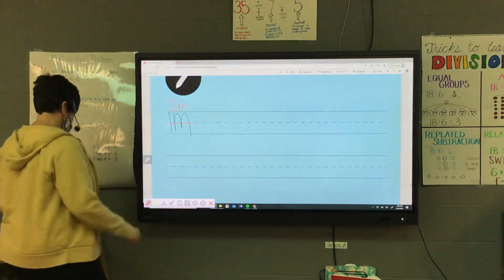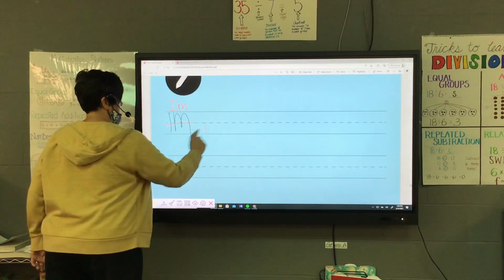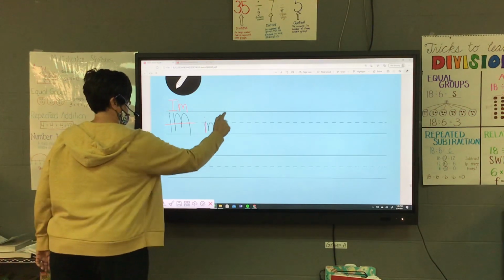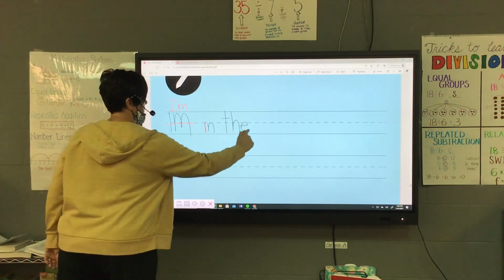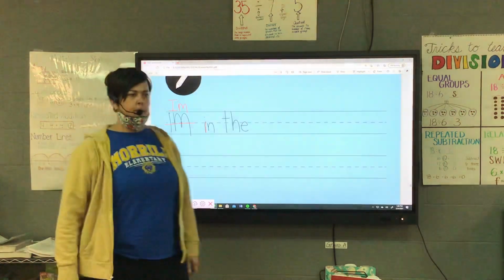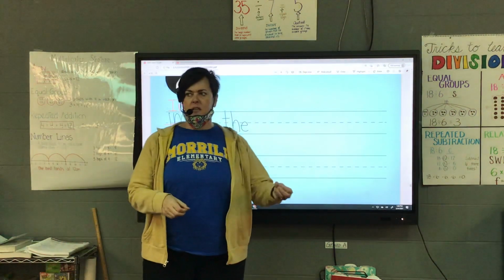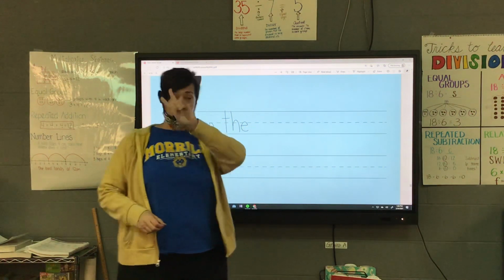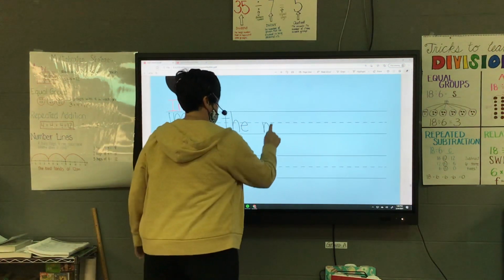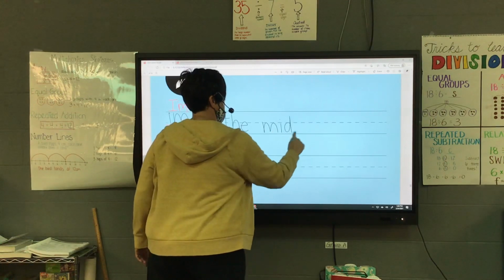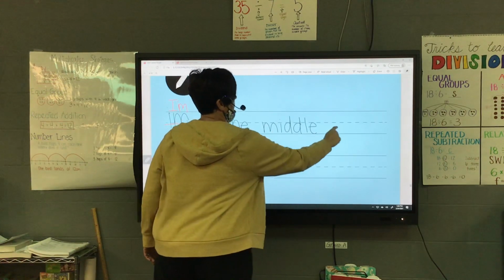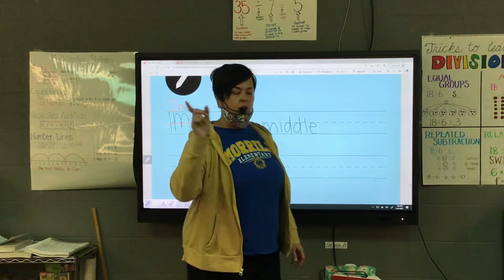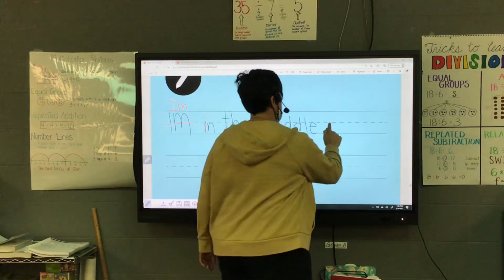So I'm in the middle. Middle. Does it have one D or two D's? It has two D's. Of. How do I spell the sight word of? O-F.